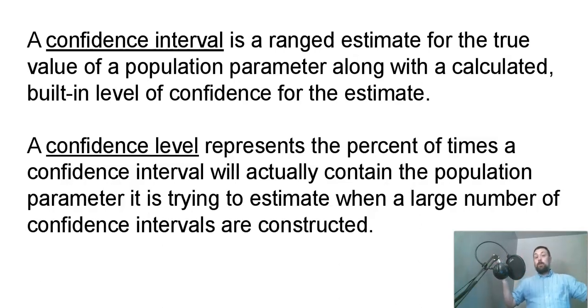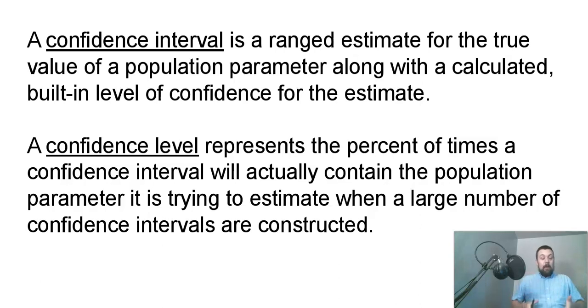They'll be off the mark, and they will be bad estimates. And we won't know which ones are which. That's the hard part. We know the percentages: 90% of the time we're going to get a good estimate, 10% of the time we're going to get a bad estimate, but we don't know which ones are which. That's why we can't say for sure whether the estimate we're calculating is right or wrong, but we can at least associate that percent with it.